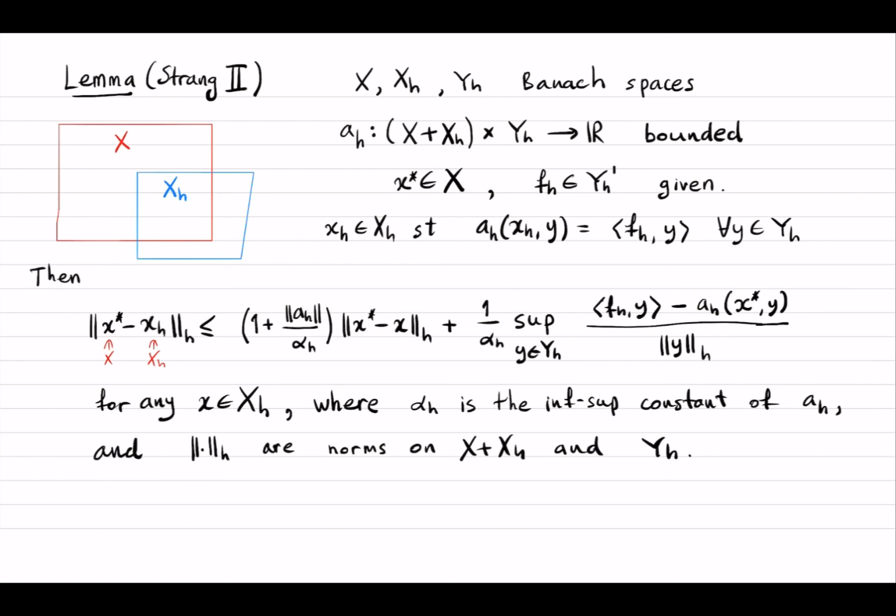In the consistency term, we get the difference between f_h applied to y and a_h applied to x star, y. This accounts for the fact that f_h is not f and a_h is not a. Alpha_h is the inf-sup constant of a_h, and these are the norms on X plus X_h and Y_h.